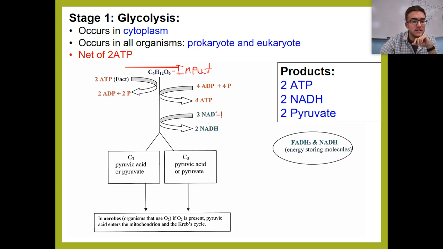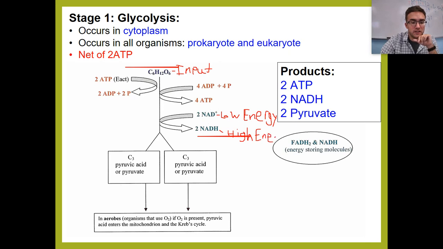So NAD plus is the low energy state, so it's not carrying anything. It's just chilling, right? And then NADH is the high energy. So NAD plus is low energy, NADH is high energy.